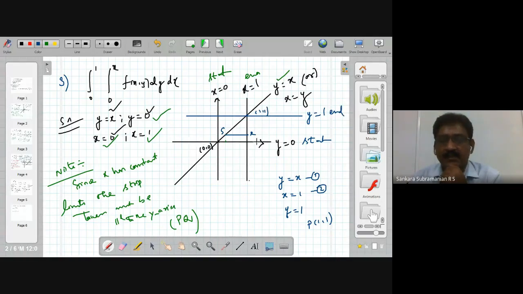You have to start painting from y equal to 0, with the strip parallel to the x-axis, and the strip RS must move from y equal to 0 to y equal to 1. Then how do you find the x limits? Wherever RS touches, please note it down. This is an important step, finding the point of intersection.